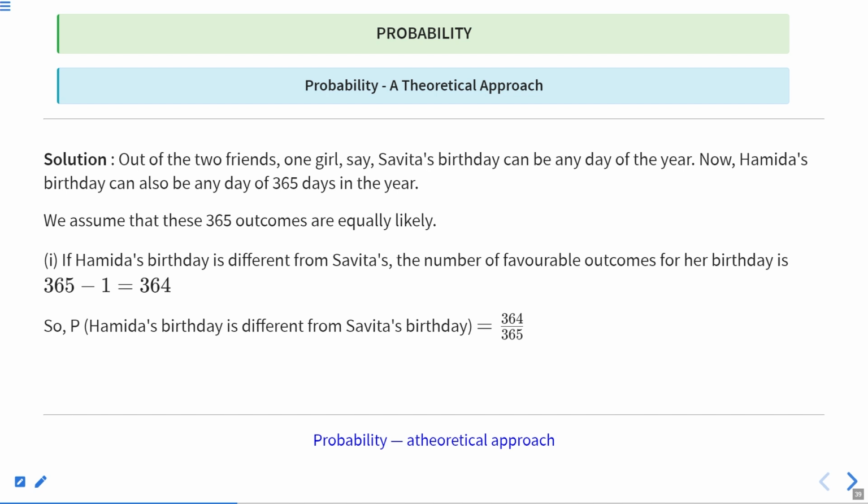Here we use the theoretical definition of probability: the probability of an event E is equal to the number of outcomes favorable to the event E divided by the number of total outcomes. The total number of outcomes is 365, and the outcomes favorable to Hamida's birthday being different from Savita's is 364.